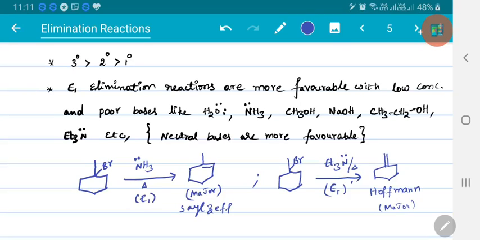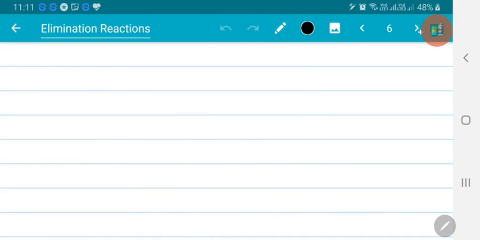Now coming to E2. E2 elimination reactions, we also call them bimolecular elimination reactions, because they follow second order kinetics.